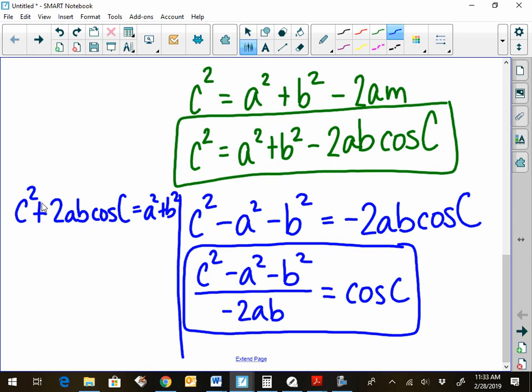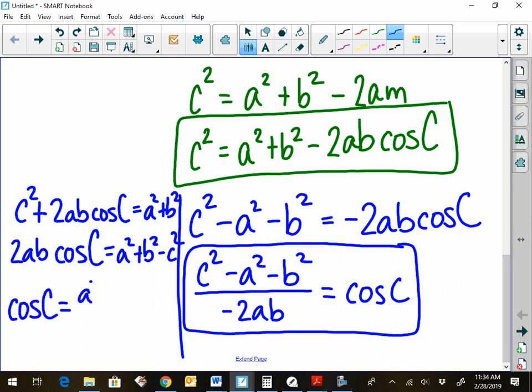So now if we want to get rid of this, we can minus our C squared. So we'll have 2AB cosine of big C equals A squared plus B squared minus C squared. And now let's divide. So we would get cosine of C equals A squared plus B squared minus C squared all over 2AB.